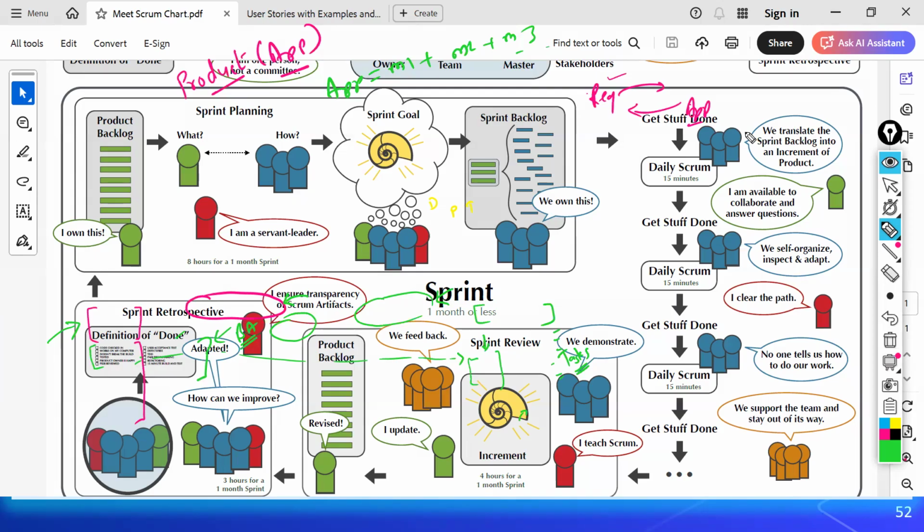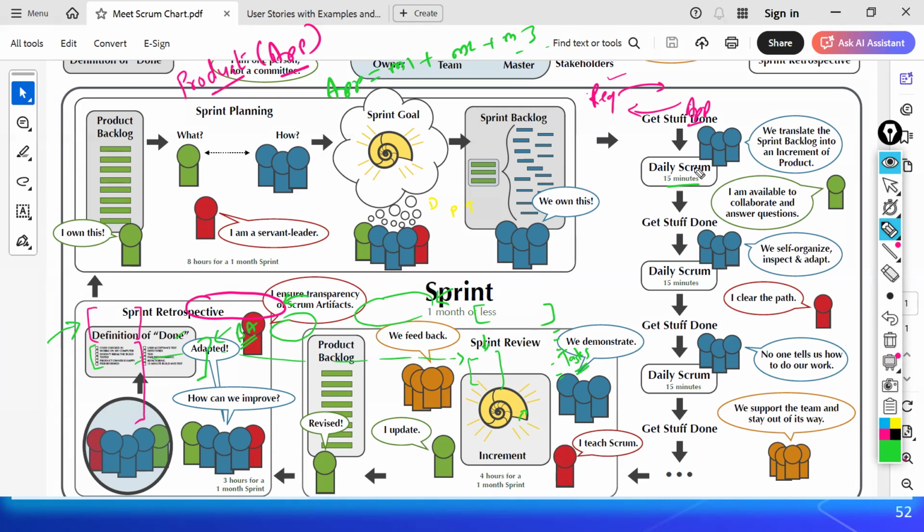These are pretty short, crisp meetings, 15 minutes max. It can go 20 minutes, and in some cases even 10 minutes. The only discussion is what I did yesterday, what I'm going to do today, and any problems I'm facing. That's it.